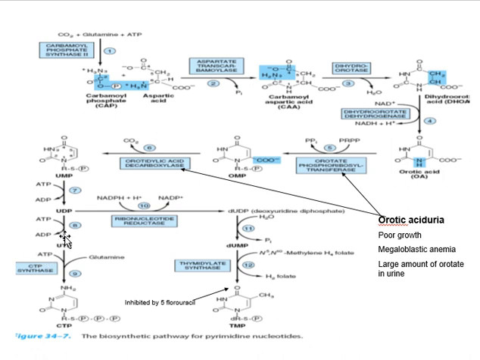Then UDP is the parent molecule for the synthesis of TMP. In the pathway of synthesis of TMP, thymidine monophosphate, first of all, the ribose sugar present in UDP is converted to its reduced form, that is the deoxy form.